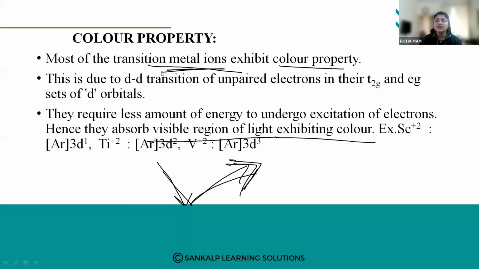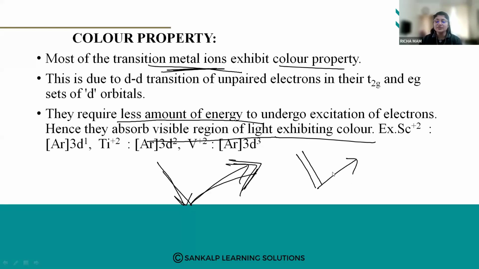The transition elements exhibit color because they require very little energy to undergo excitation. They absorb radiation from the visible region and transmit the rest, so the complex shows the complementary color.